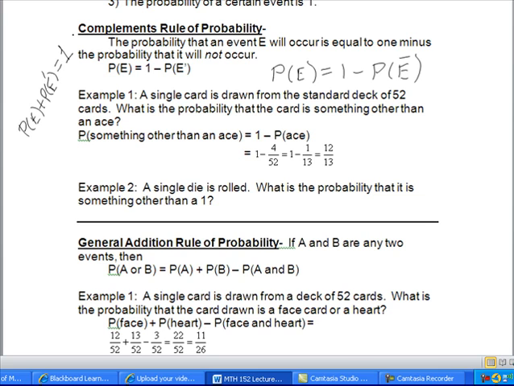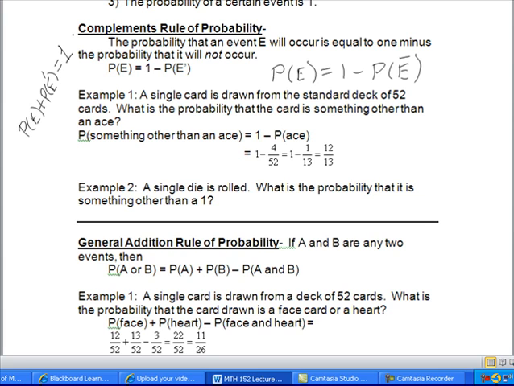It says a single card is drawn from the standard deck of 52 cards. What is the probability that the card is something other than an ace? So the probability we get something other than an ace, or we could think of it as not an ace, would be 1 minus the probability it is an ace.